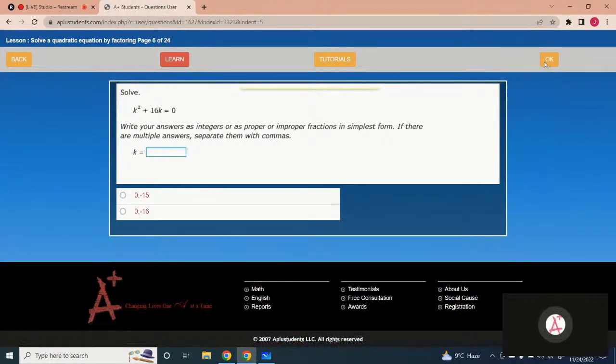Okay, k square plus 16k equals 0. So k has the values. They are 0 and negative 16. Got it?